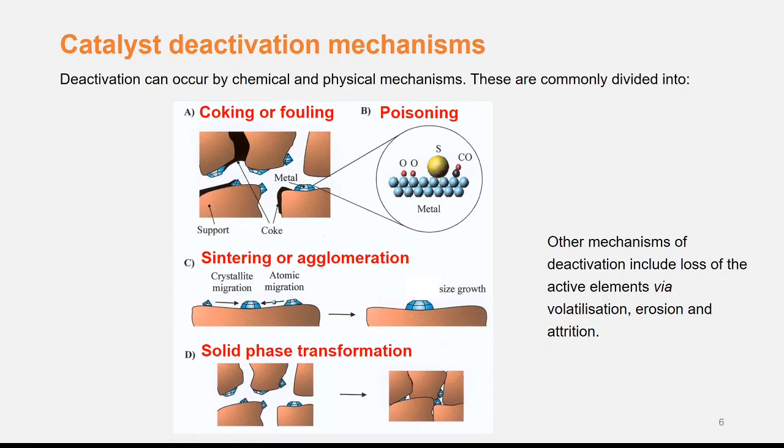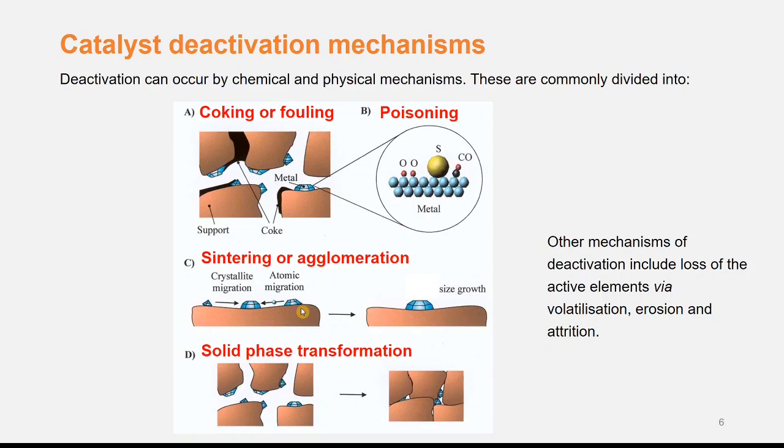The third type is sintering or agglomeration. What do you think is happening here? Sintering is the process of compacting and forming a solid mass of material by heat or pressure without melting it.